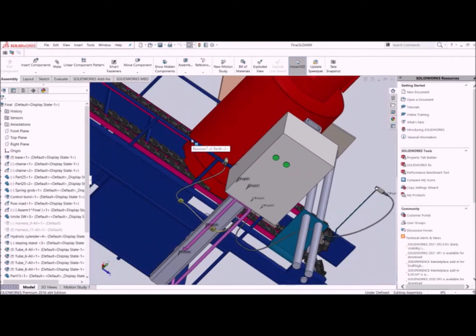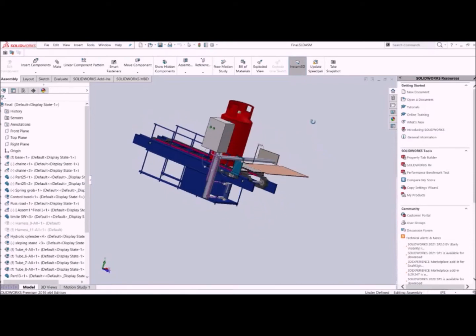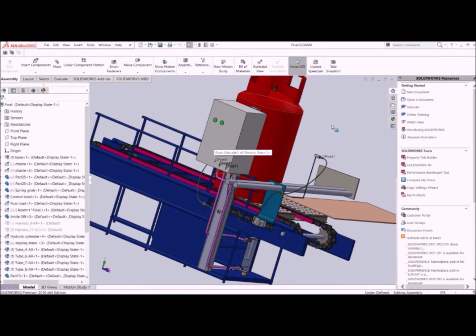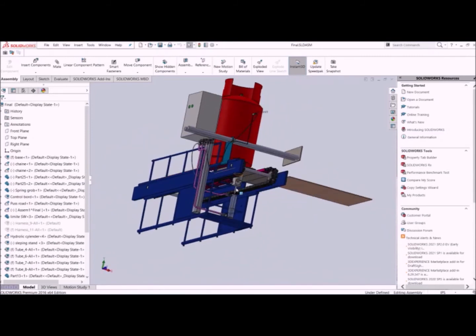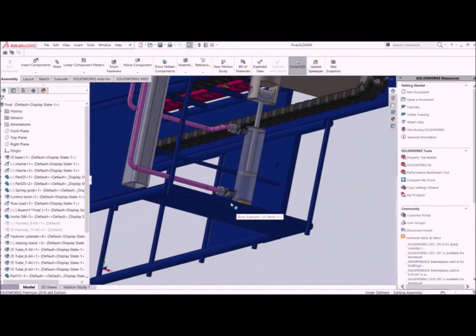Then when the cylinder crosses limit sensor 2, which is here, limit sensor 2 will send a signal to the PLC, and the PLC will send compressed air to the downside of this pneumatic cylinder and release the upside compressed air.